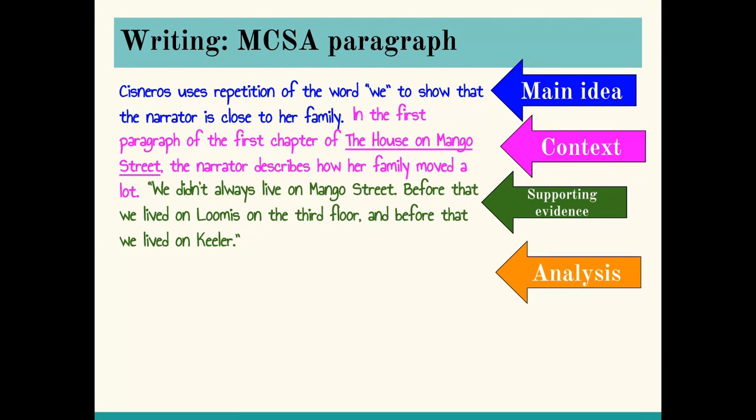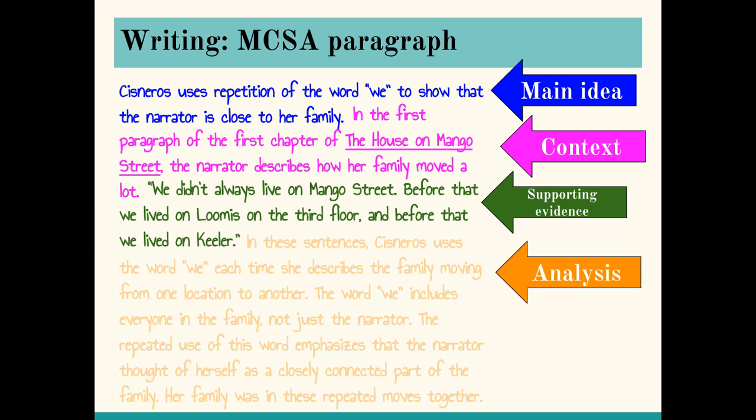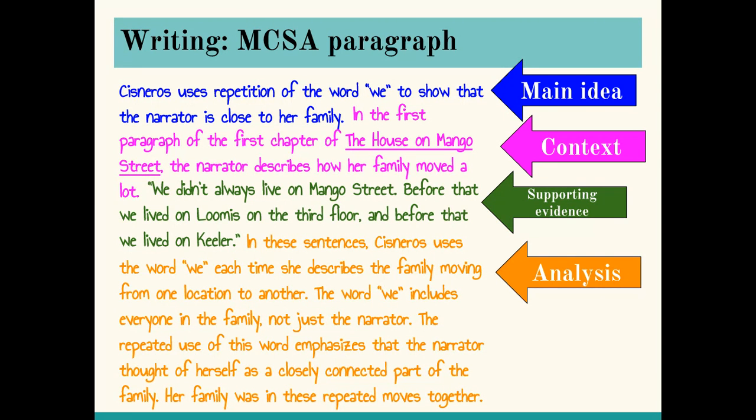All right, the last thing I need in my paragraph is my analysis, and I know that this is the most important part of my paragraph because this is where I explain myself. I know that my analysis needs to be 3 to 5 sentences, and that those sentences need to explain how the evidence, how my quote, supports my main idea. Here's my analysis for this paragraph.